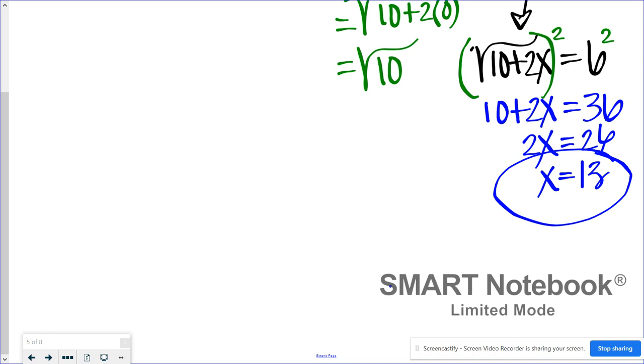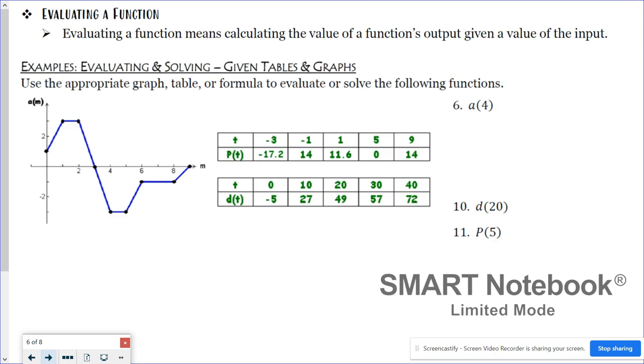Okay. So when we solve function equations in this chapter, they're not all going to be linear equations. You could have a simple rational equation or a simple radical equation like this one. I think you might even see some simple quadratics. Exciting.